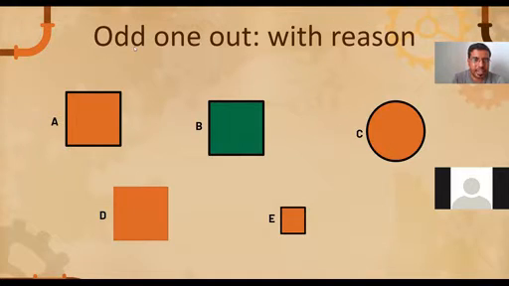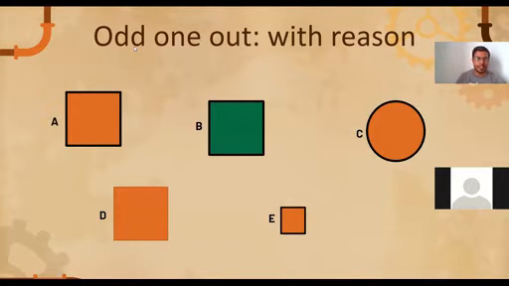Okay, Vinita ma'am is saying A is odd since it has a border. But Vinita ma'am, there is a border for other shapes also. B, D and E also have a border. But color and size, all are different, Ravi is saying. Ravi, can you unmute yourself and tell why you think all are different?